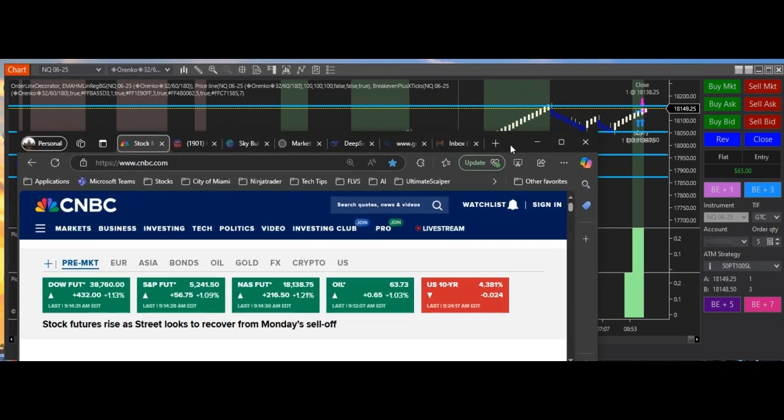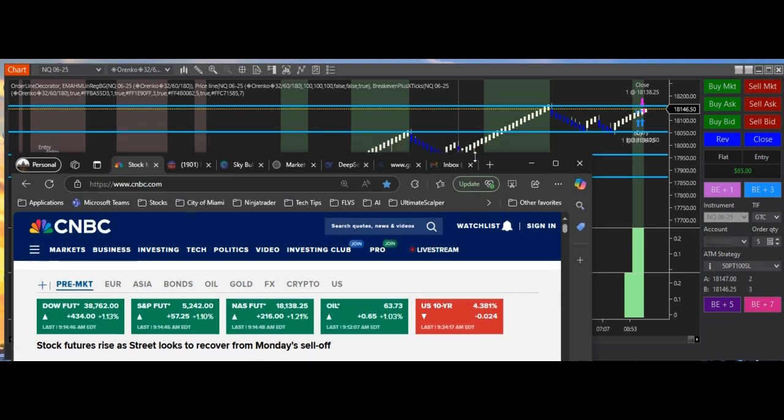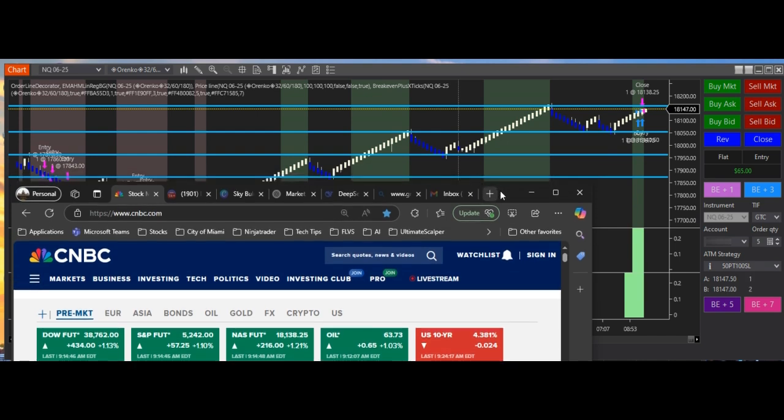So I'm checking the market to see how the market's doing. Pre-market looks like the market's up. Pre-market, Dow's up 400 and NASDAQ's up 215. So I guess today the market may recover from yesterday's sell-off.